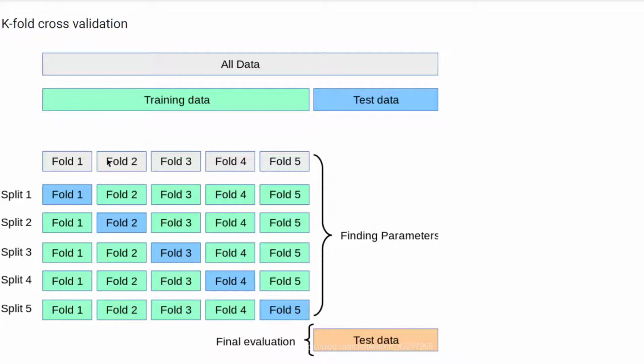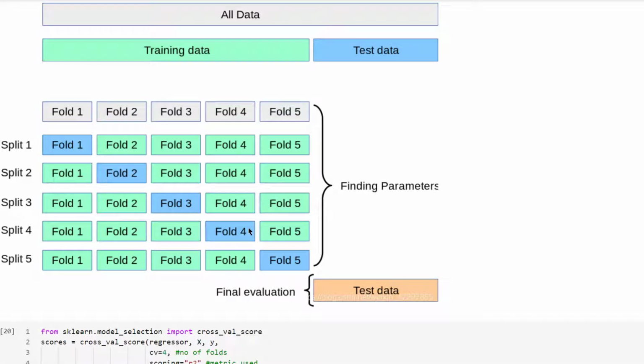You can see here we have divided it into 5 parts, and what we'll do is we will train our model 5 times as k is 5, and every time we'll change the training and test set. The way it works is, first time when I train the model, we call it split 1, we'll take the first fold as a testing data set, and the remaining 4 as a training data set.